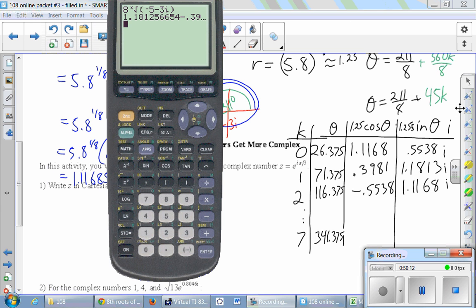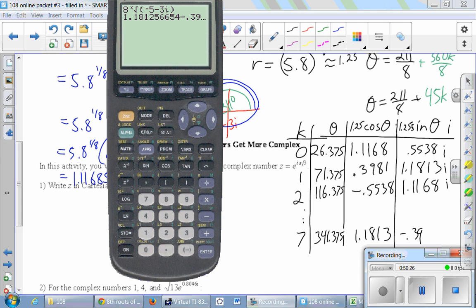I just did the calculations here, and the answer the calculator gave us is, in fact, the one you would get if you plugged in 7 into our table. So I'm going to fill that in right here, 1.1813, and then negative 0.39 and change. And you can see the i at the very end of that.